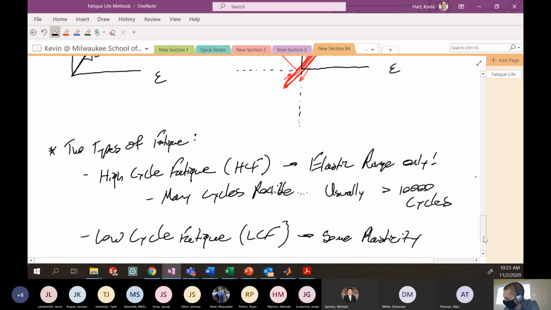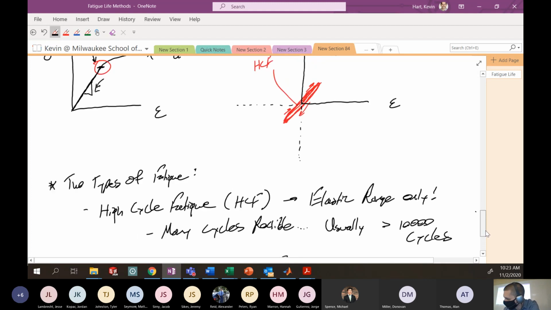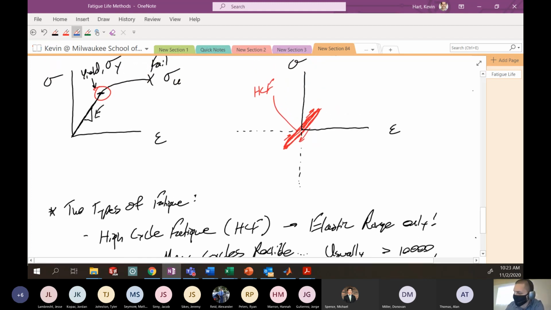So if I want to draw that on my load displacement curve, my stress is going to be so aggressive that I'm going to go beyond what would typically be the static yield value. So here I'm going to load up, load up, load up. I'm going to get to a point where I would have yielded in static, and I probably am yielding in fatigue here. Turn over slightly, but I haven't quite failed 100% yet. I've got a little bit of plasticity somehow, but I haven't gone to the ultimate stress. So now I unload. Let's be a little bit more aggressive here with my line. So I've hit yield.